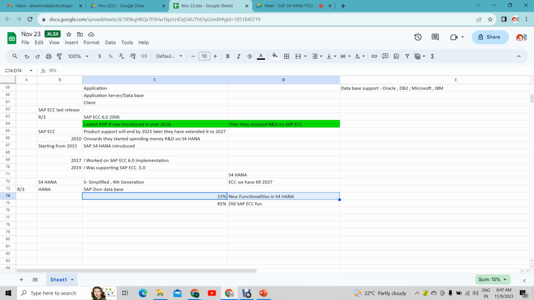As a functional consultant, we should understand how it has evolved, but technically these things will be done by another consultant. I'll tell you who that consultant is. Business and IT people will decide what to activate and what to continue, right?